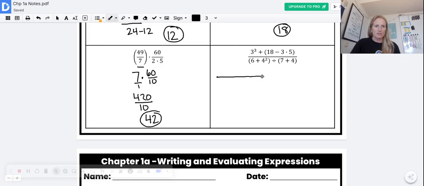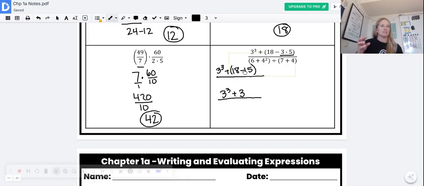So we are going to start with the top here. I'm not going to do anything with this exponent yet. But within this grouping, I would multiply before I subtract. So this will become 18 minus 15. So this is pretty much the first thing that I'm doing. Next, I'm going to continue simplifying this grouping here by subtracting the 18 minus 15 to get 3.